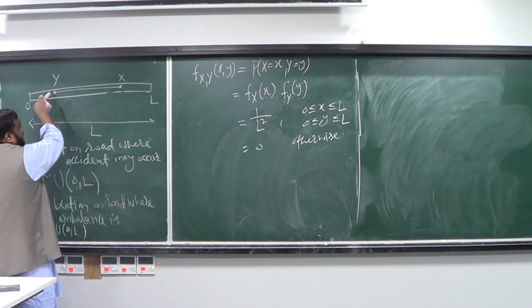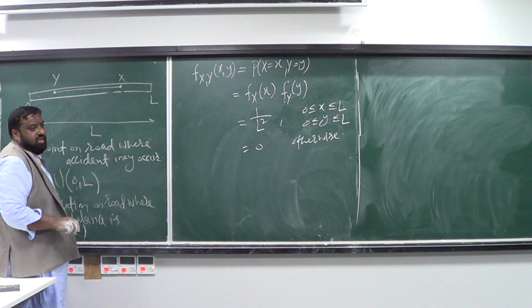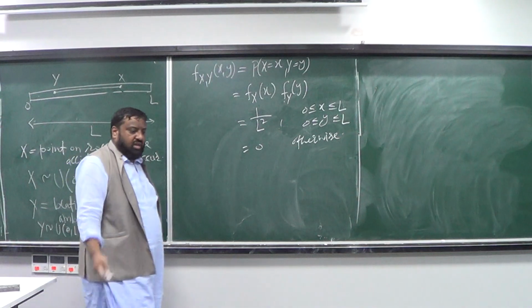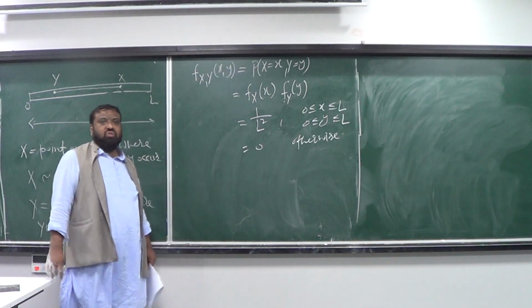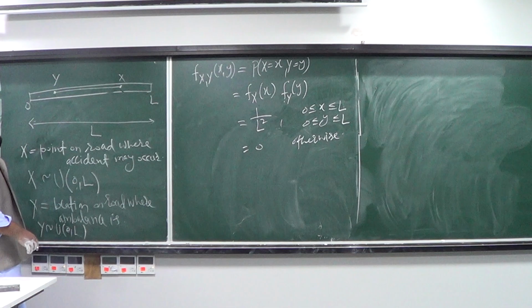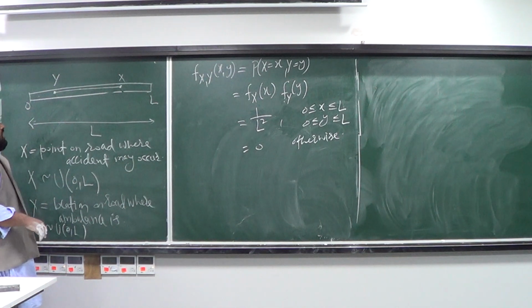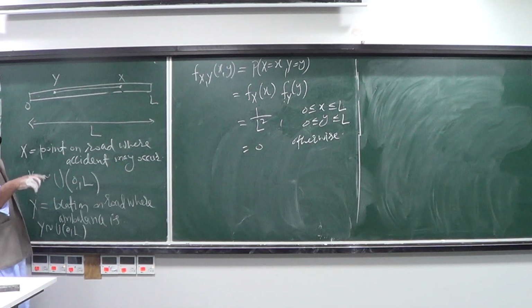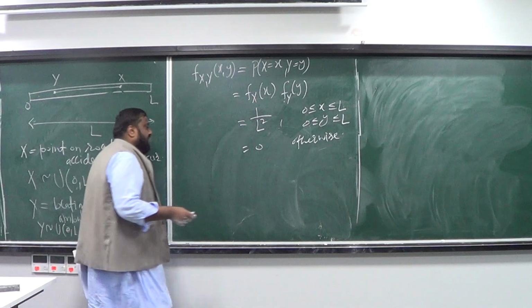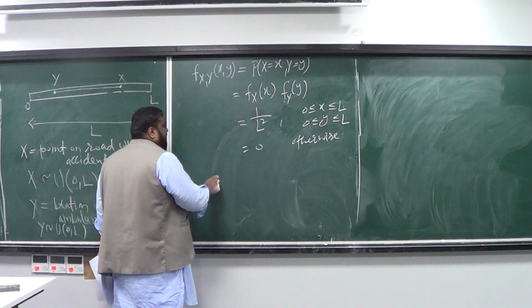Obviously the ambulance is going to move towards rescuing the people who have suffered injuries. So in other words, on a road of length L, on average, what must be the expected distance between both? This is going to be an interesting question.